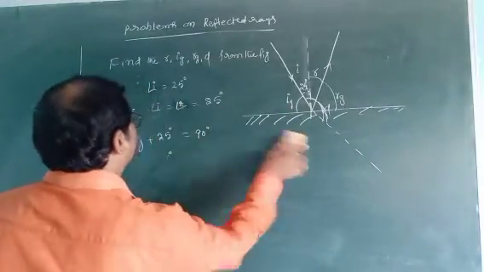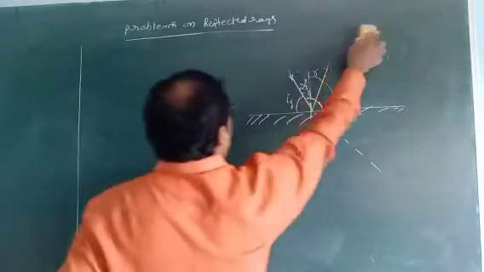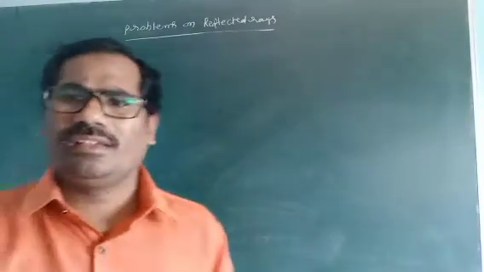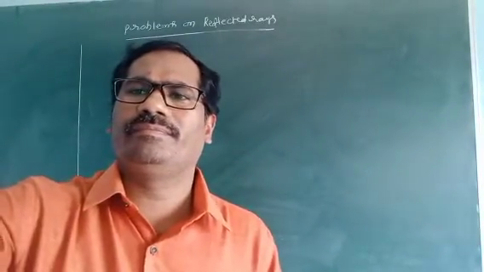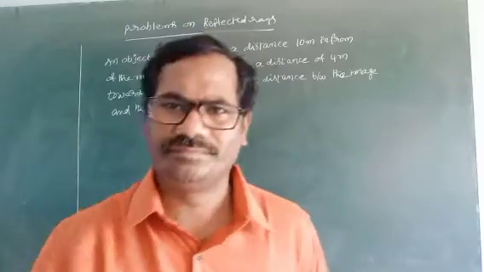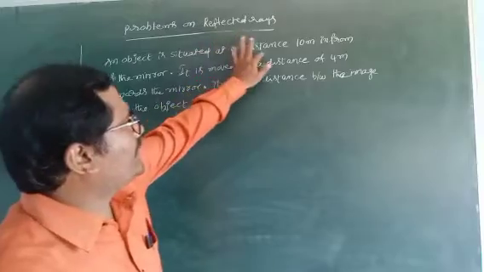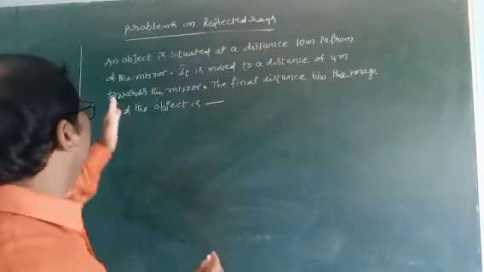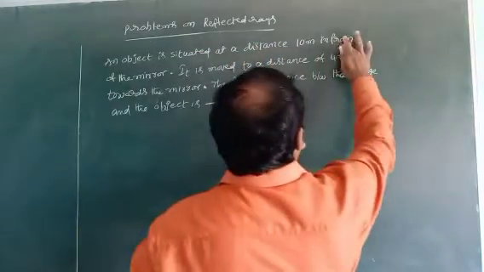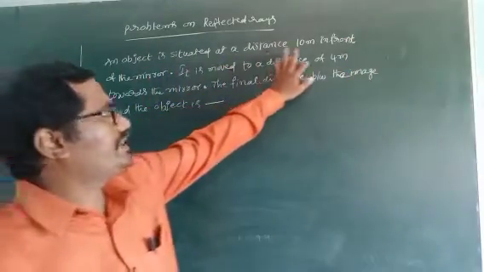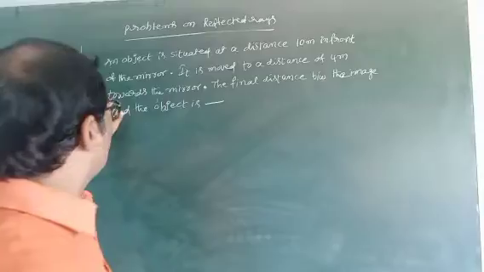Next problem. An object is situated at a distance of 10 meters in front of the mirror. It is moved a distance of 4 meters towards the mirror.